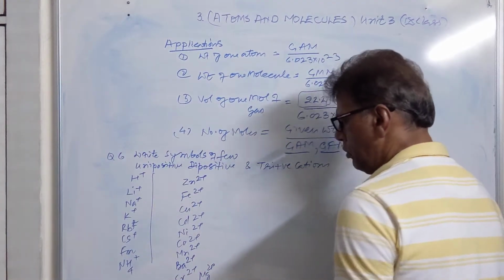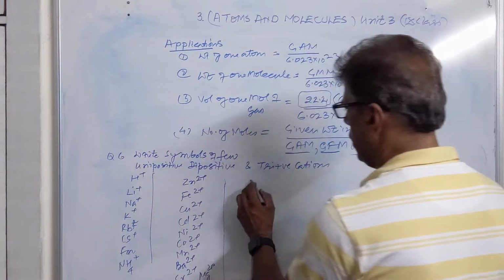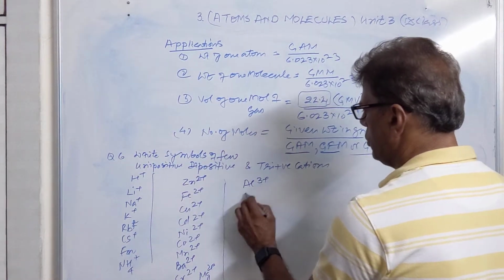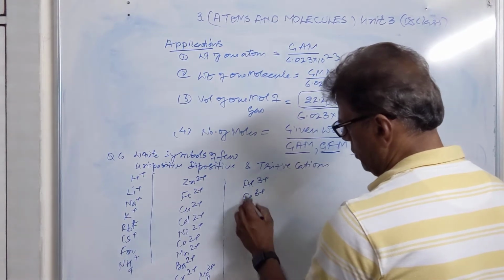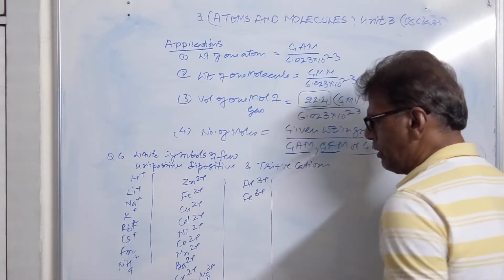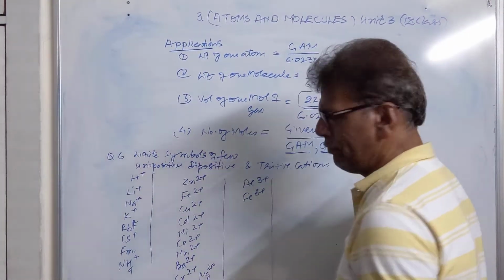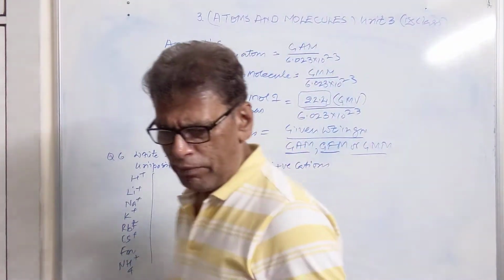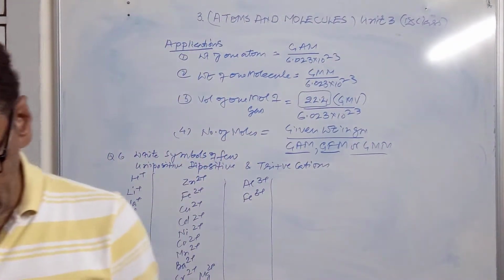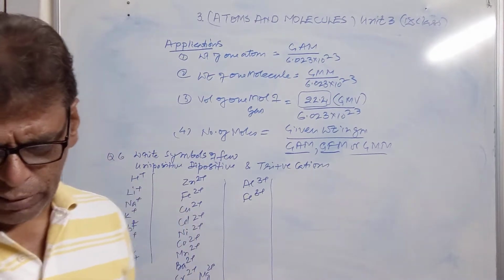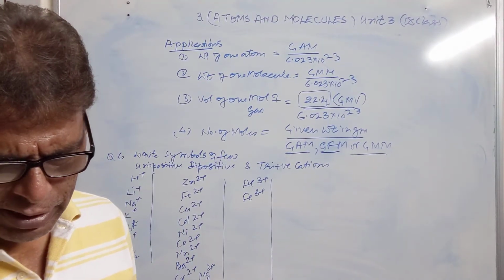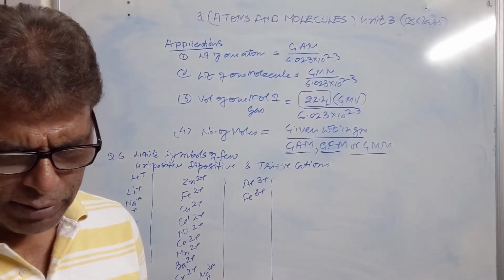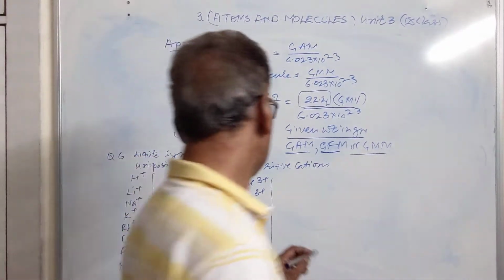These are all dipositive ions. Then we have tripositive ions: aluminium tripositive, iron tripositive. We have a number of other ions which will be present in the tripositive form. Chromium is also tripositive.